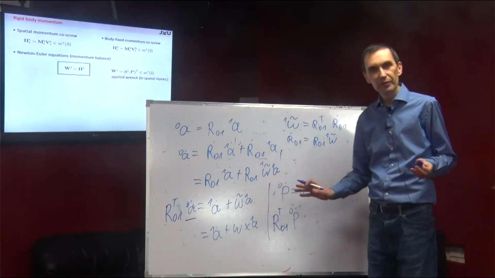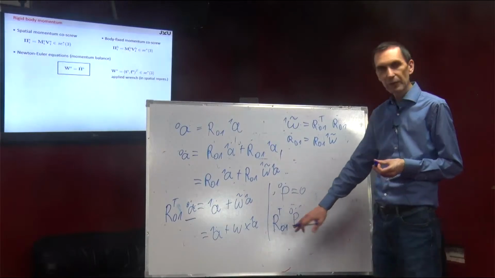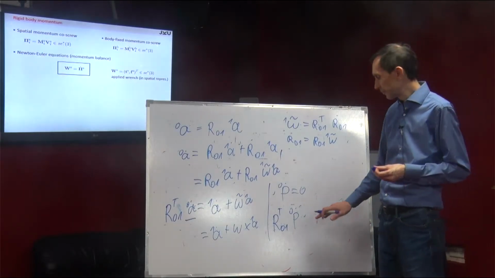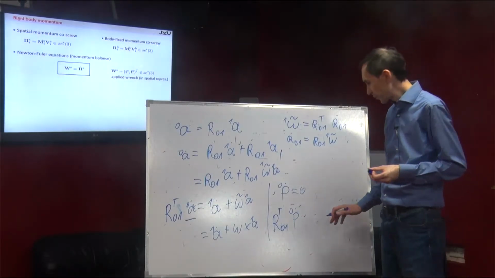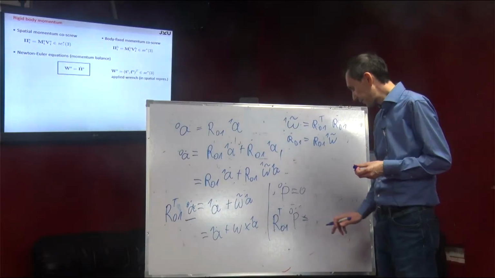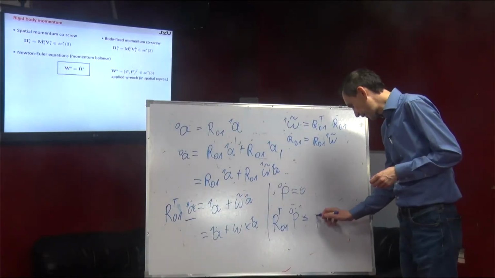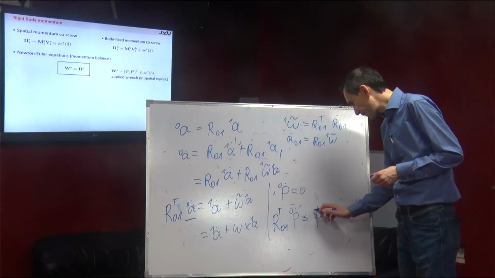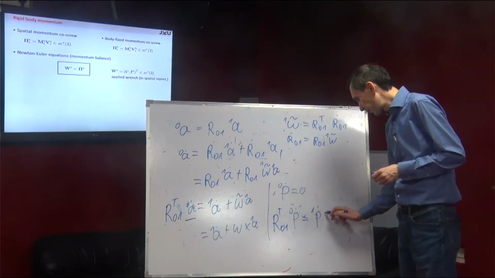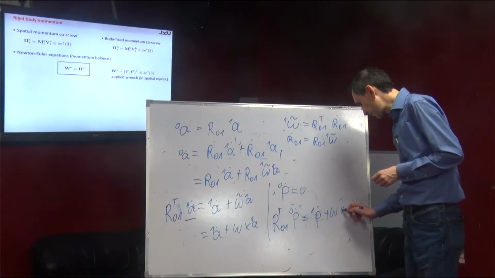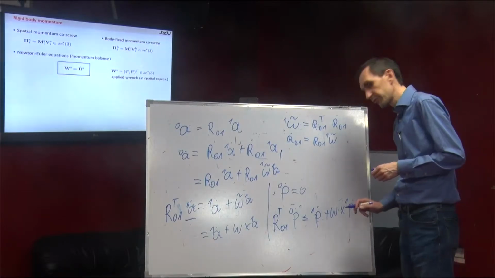This should also be 0. I mean, 0, we can multiply whatever. So 0 remains 0, right? That should be 0. But apparently what you get is something different, because you get p dot in the 1 frame plus omega cross p in the 1 frame.